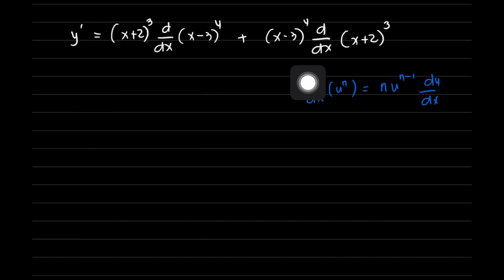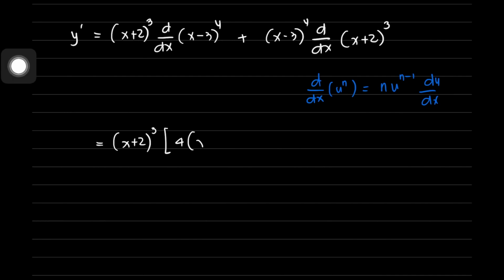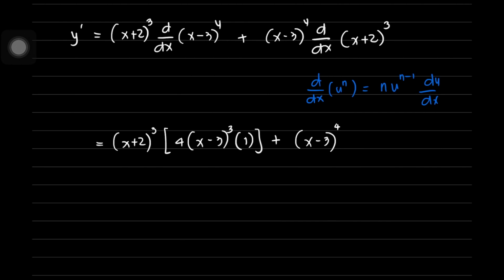If we're going to apply this formula to obtain the derivative of this function, this is now equal to x plus 2 raised to 3 multiplied by, our n here is 4, so we're going to bring it down, and then x minus 3, 4 minus 1 is equal to 3, so that would be raised to 3, multiplied by the derivative of x minus 3, which is equal to 1, plus x minus 3 raised to the fourth power multiplied by the derivative of x plus 2 raised to 3.